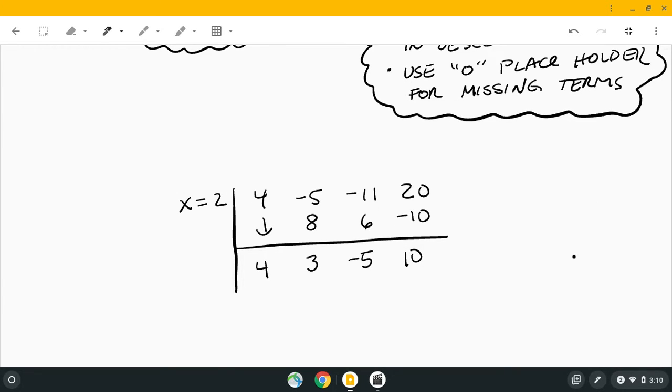So let's go ahead and write that down. Coefficients of a degree 3 polynomial.